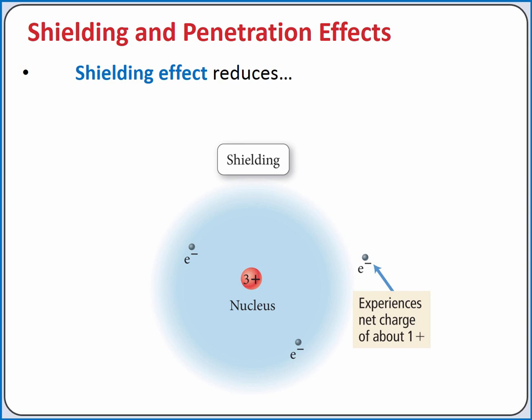Since like charges repel, this electron, which is farthest from the nucleus, experiences the repulsion of the 2 other electrons which are closer to the nucleus. The overall effect is that the electron experiences a net charge from the nucleus of only about +1 instead of +3.